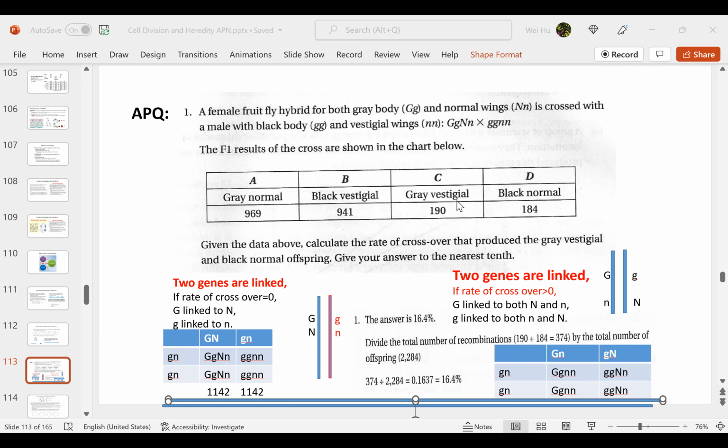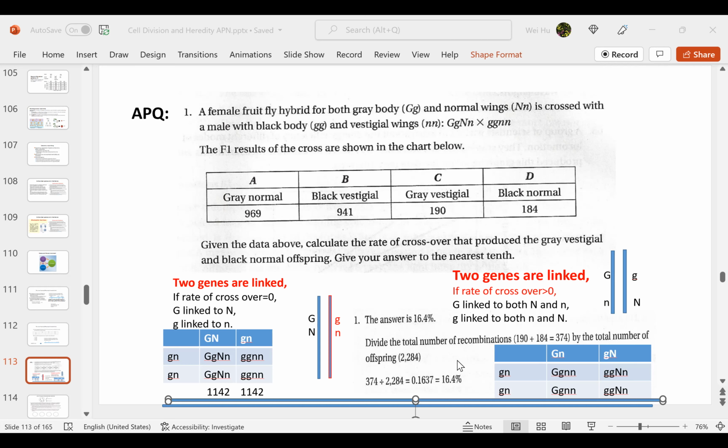So when you actually calculate the percentage of crossover, you add all this up, everything, then this is the total number. So what's the crossover number? Is this 2, correct? C, 190 plus 180.